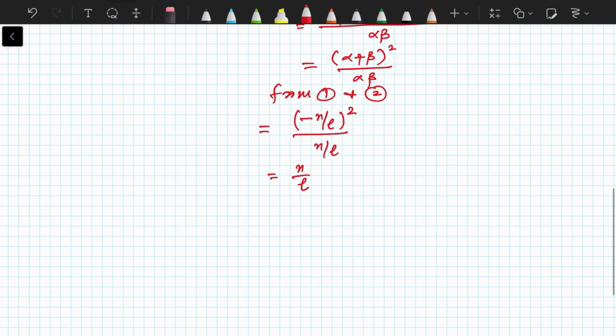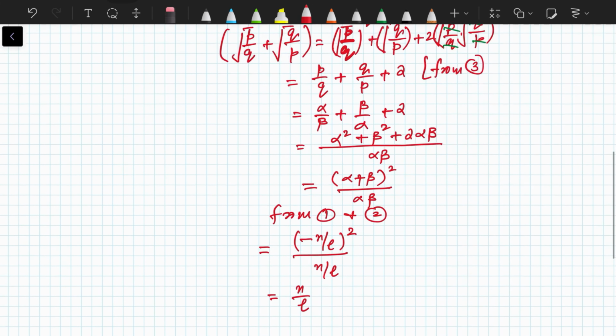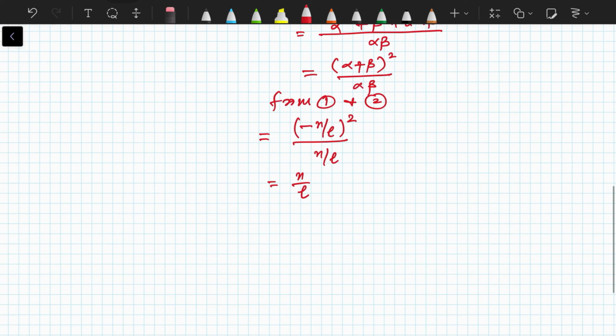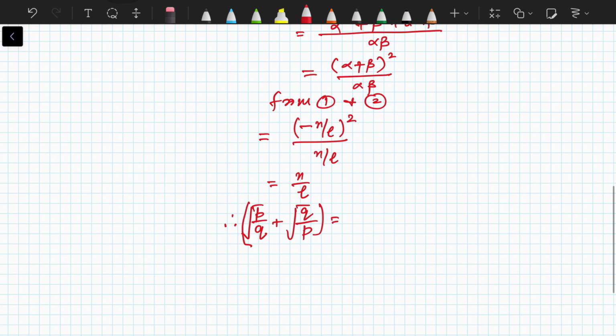Now if we go back to the original equation, that was p over q. Therefore square root of p over q plus square root of q over p, whole square, is equal to n over l. Now I can remove that square by taking square root on both sides.